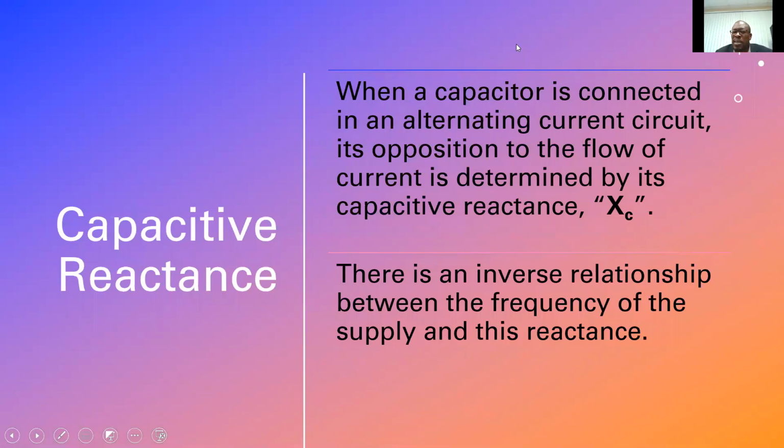Now, when a capacitor is connected in an AC circuit, its opposition to the flow of current is determined by its capacitive reactance, denoted by XC. There's an inverse relationship between the frequency of the supply and its capacitive reactance.